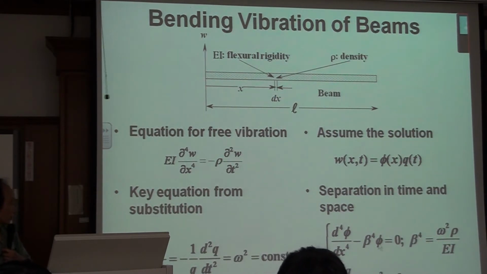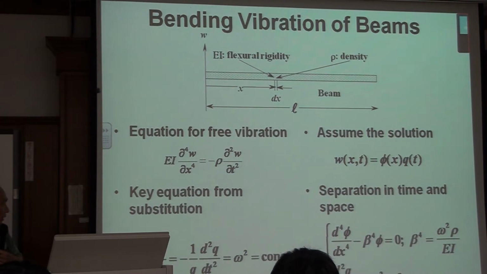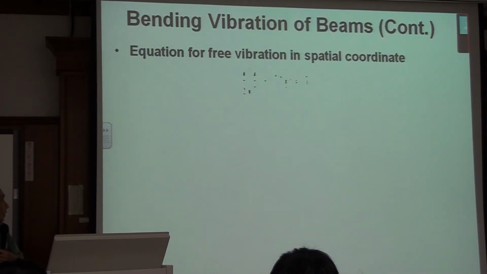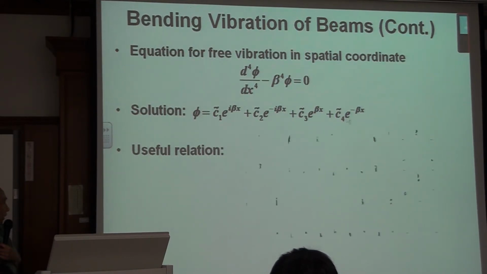your mode shapes. And if you look, this is a very simple two-term form. This is the power 4, and this is power 2. If you do this, then with the power 4 here, if this is constant, your solution will be C1, C2, C3, C4, all exponentials in i beta x and beta x, minus beta x.